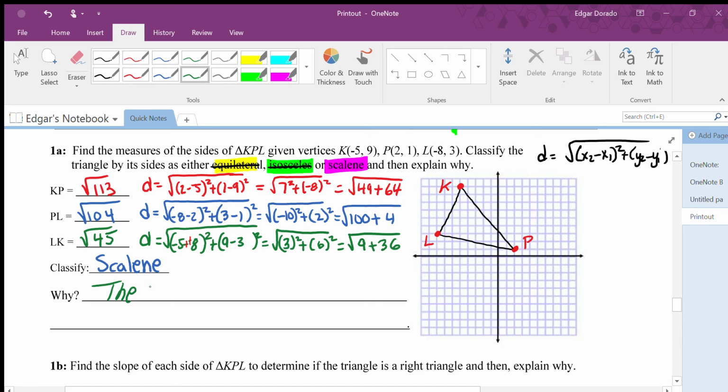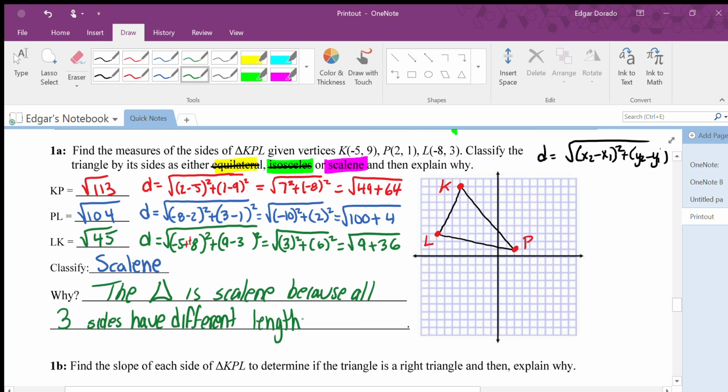Because the triangle is scalene. Use complete sentences here. Triangle is scalene because all three sides have different lengths. None of them are congruent.